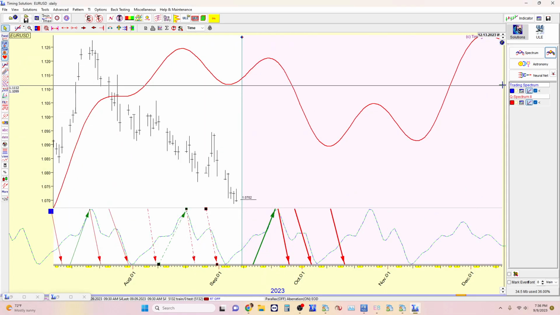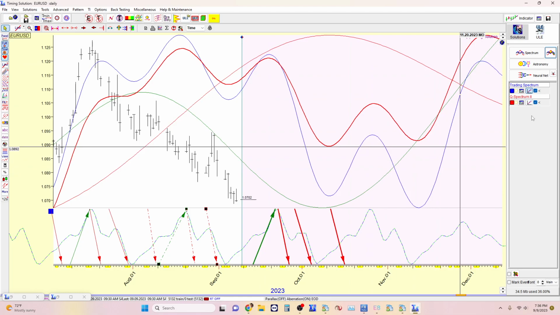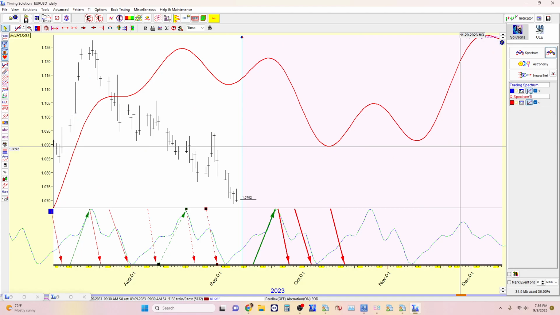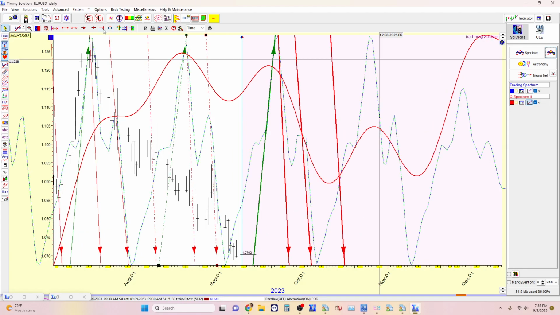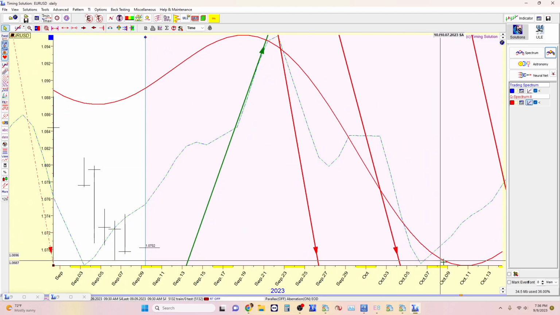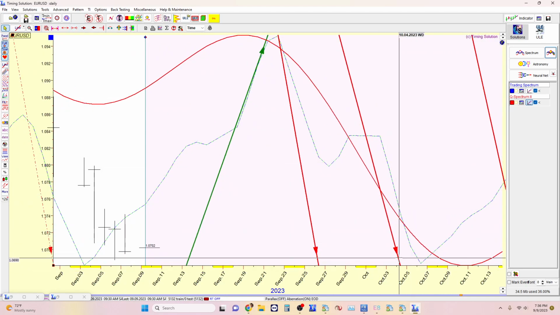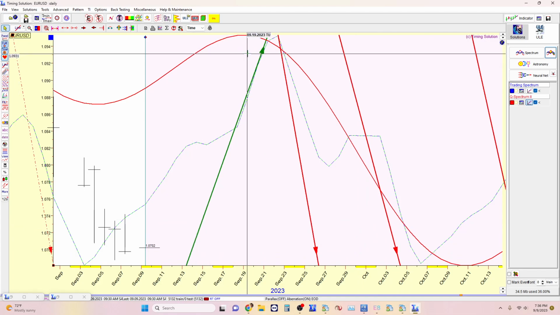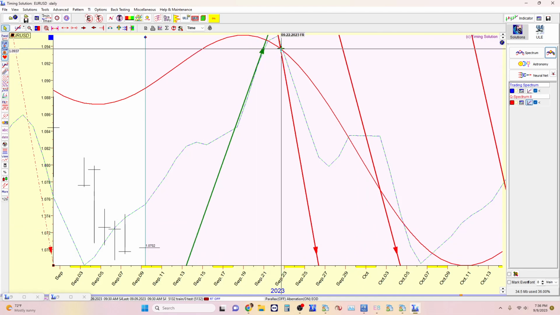And I like how I can't get rid of that. But yeah, overlay. Oh, let's see. I don't know what just happened. There we go. Zoom in. So I like that overall kind of estimation. Peak around this area.